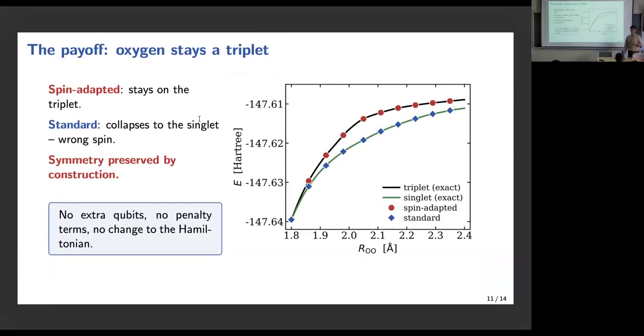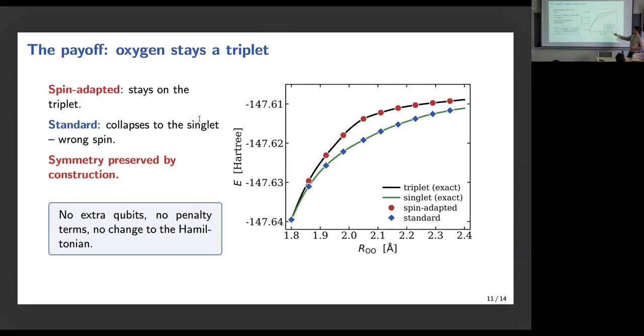So we did a lot of math and a lot of different tricks, but did that really help? Here's a check real quick. We had the black line, which corresponded to the triplet state, and that's what we wanted to reproduce using the VQE algorithm. The problem was that in the standard method, we would often collapse to the part where the singlet would be produced instead of the triplet.